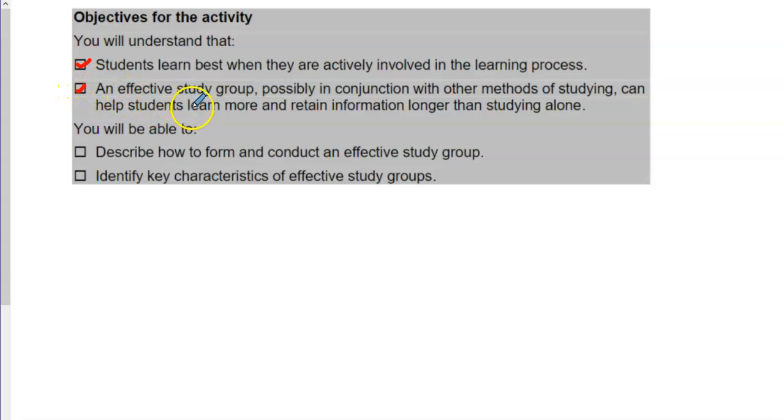An effective study group, possibly in conjunction with other methods of studying, can help students learn more and retain information longer than studying alone. You will be able to describe how to form and conduct an effective study group, and also identify key characteristics of effective study groups.